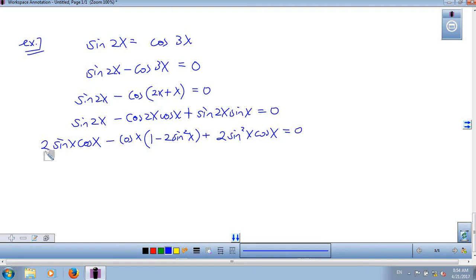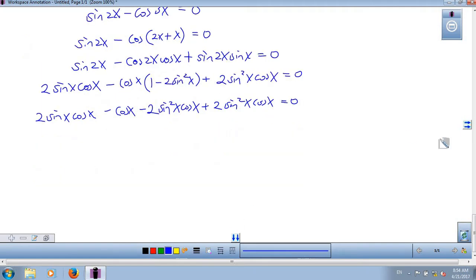Okay, so let's open this up. So I have 2 sine x cosine x minus cosine x minus 2 sine square x cosine x plus 2 sine square x cosine x equal to 0. Alright, let's see what we can do.